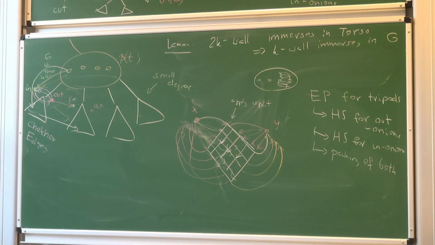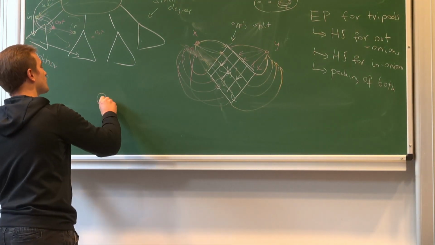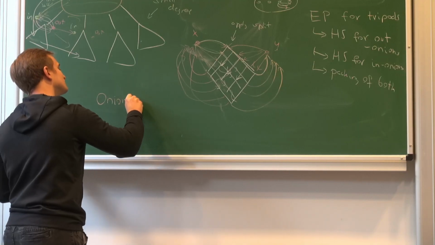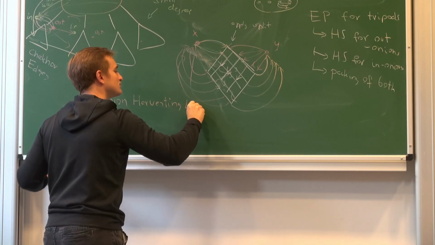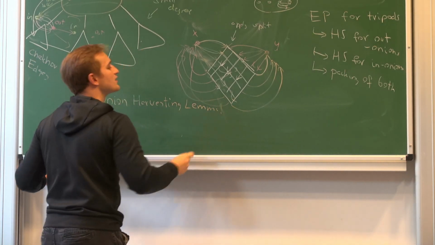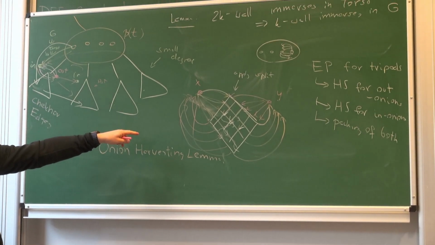But this is rescued by something called the onion harvesting lemma, and it essentially states that if this situation occurs, you have an onion star.